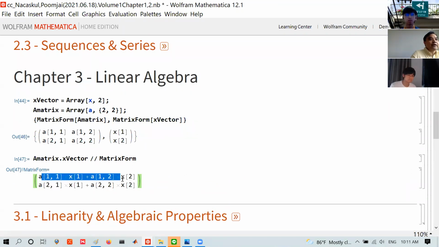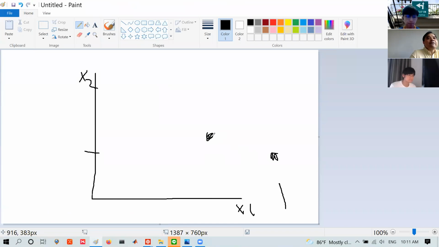This is one number, this is another number. So essentially, you just move to another point, from here to here.